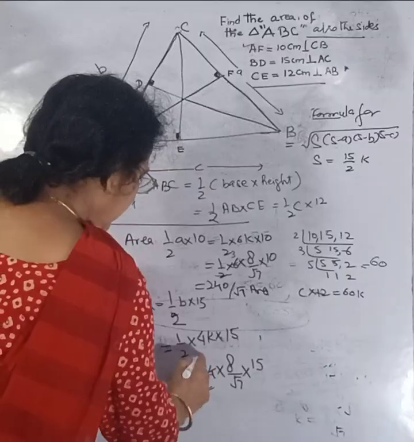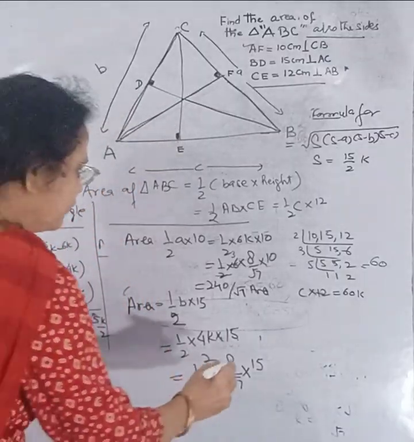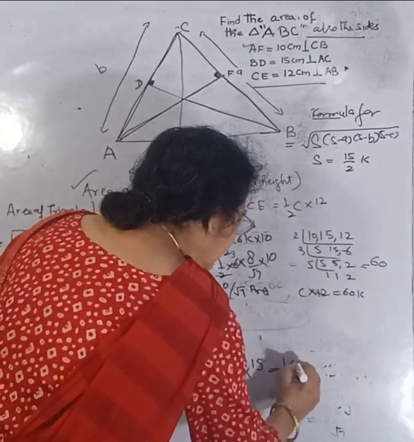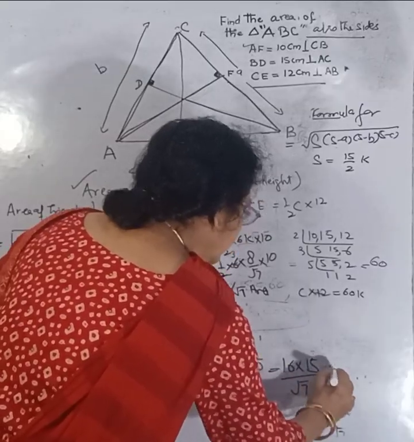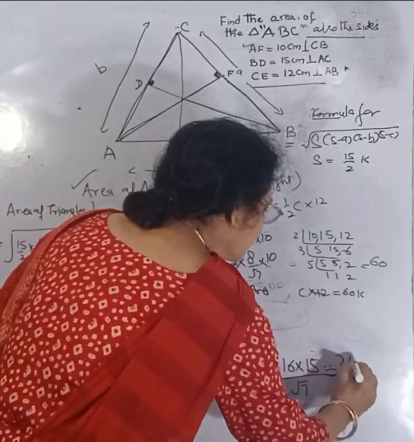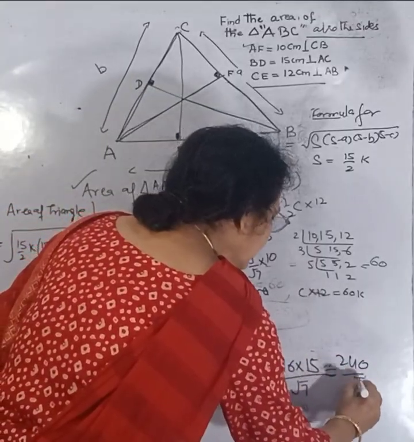This gets cancelled over here. This is 16 into 15 root 7, and this is further equal to 240 root of 7.